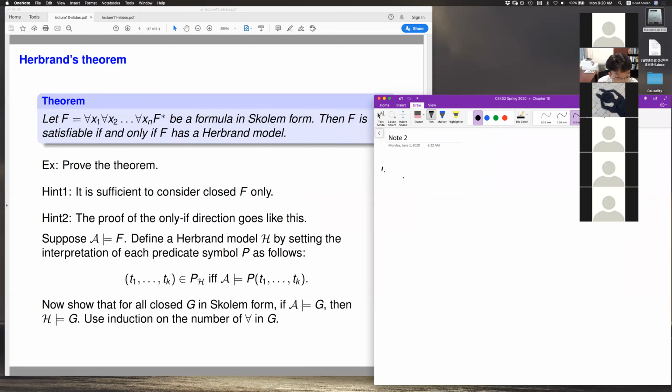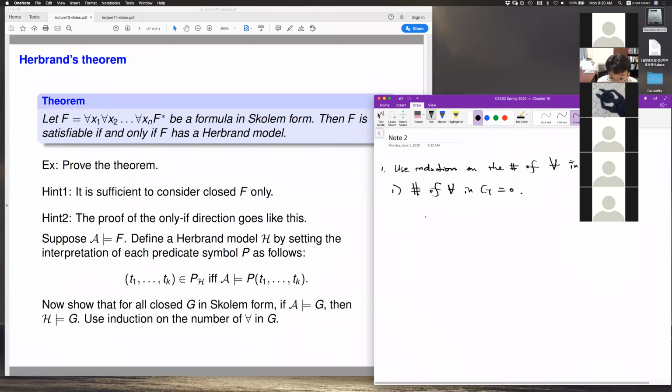As indicated there, we use induction on the number of universal quantifications in G. The base case is that the number of universal quantifications in G is equal to 0. That means G is a quantifier-free formula.